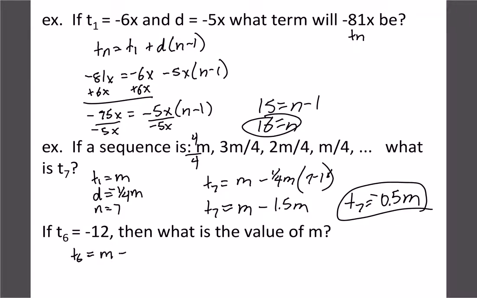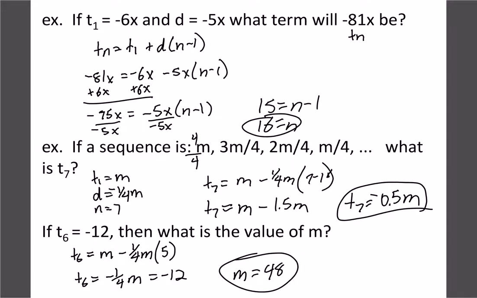We'd have m minus 1/4 m times 6 minus 1 would be 5. So we'd have m minus 5/4 m. So 1 minus 5/4 would be negative 1/4 m. So now they're telling us this is actually equal to negative 12, so we can make it equal to negative 12 and solve. So if we times by negative 4, we would get an m of 48.